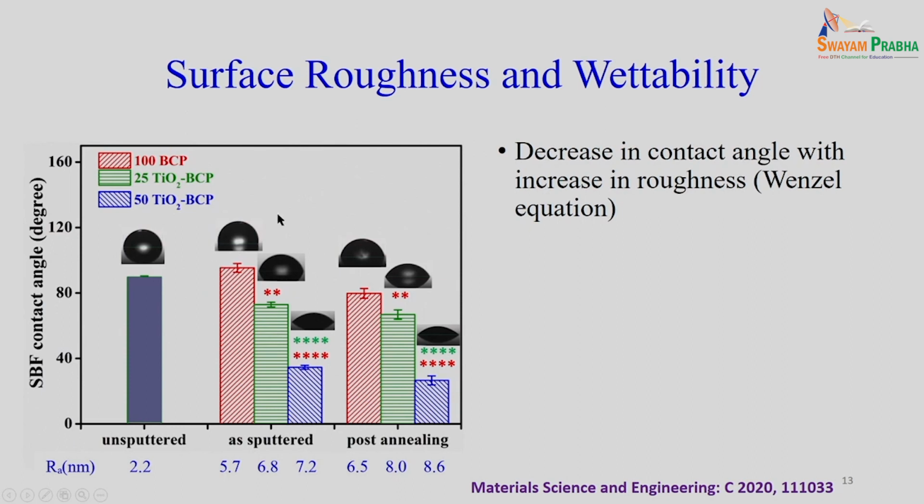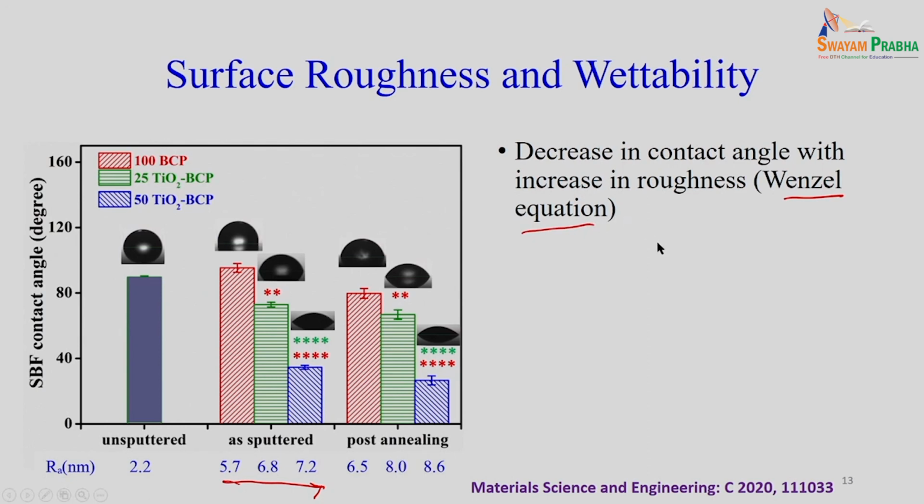So, if you are adding more and more TiO2, it improves the hydrophilicity, meaning the contact angle is decreasing. Also, if you are increasing the surface roughness, again the contact angle is decreasing, which again agrees with the Wenzel equation.